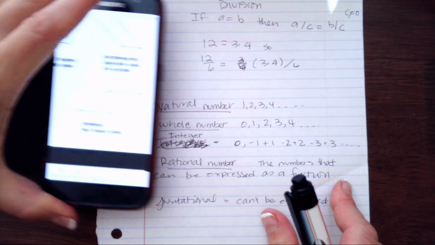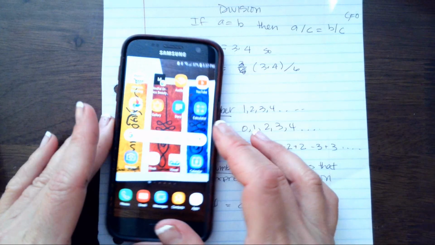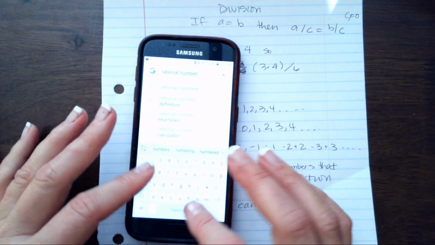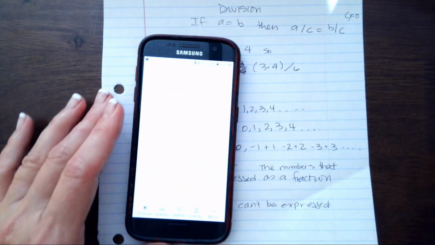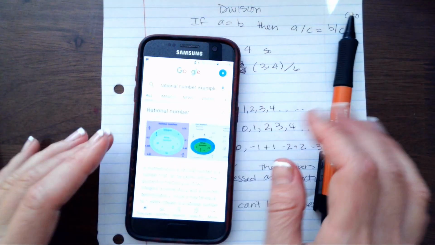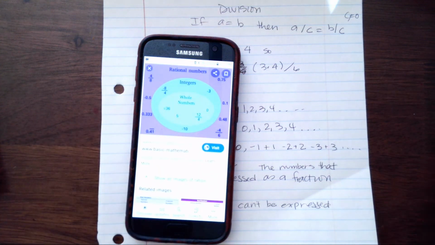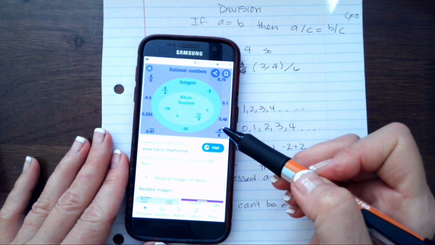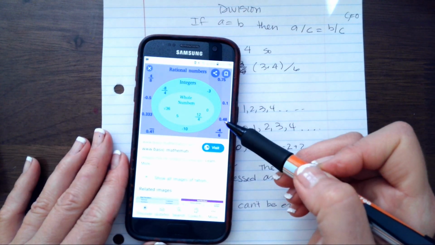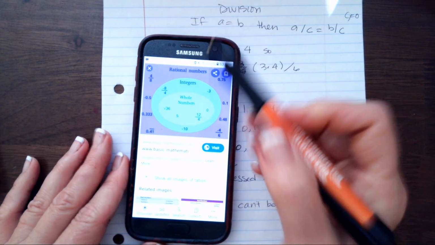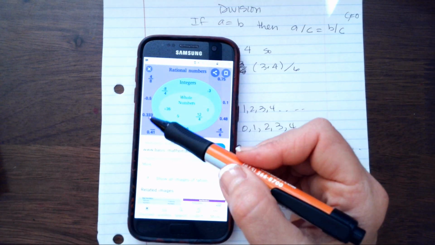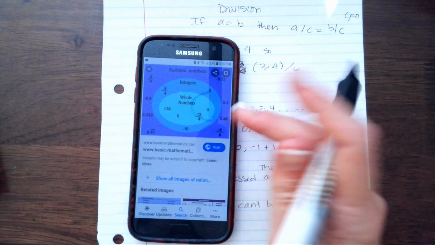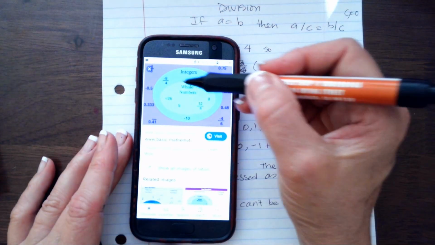So I am going to do rational number examples. A rational number is any number that can be expressed as a fraction. 0.1, 0.48, -4/6, 0.41, 0.333, -0.5, 4/8. Whole numbers, here we go.